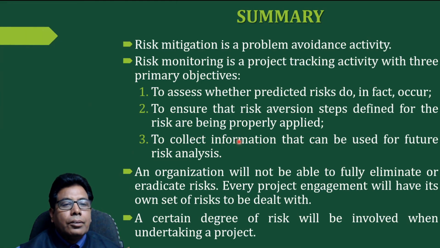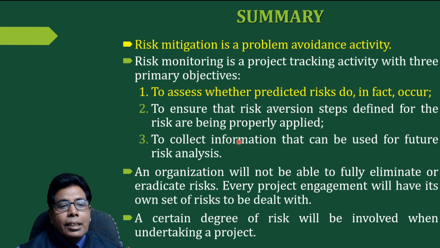Then let us see the summary. Risk mitigation is a problem avoidance activity; that is, the severity of the risk is reduced with its help. And risk monitoring is a project tracking activity with three primary objectives.